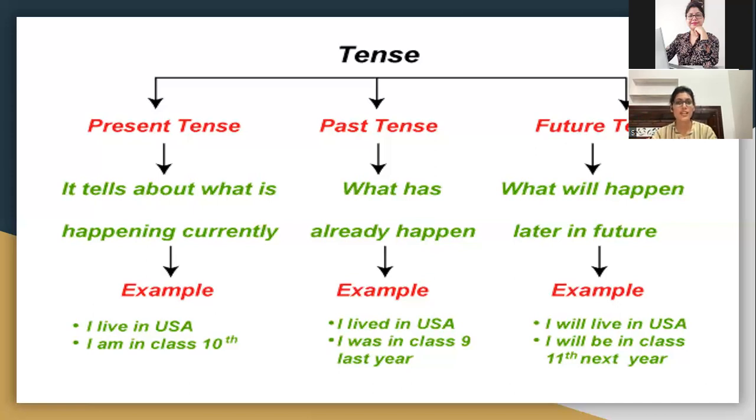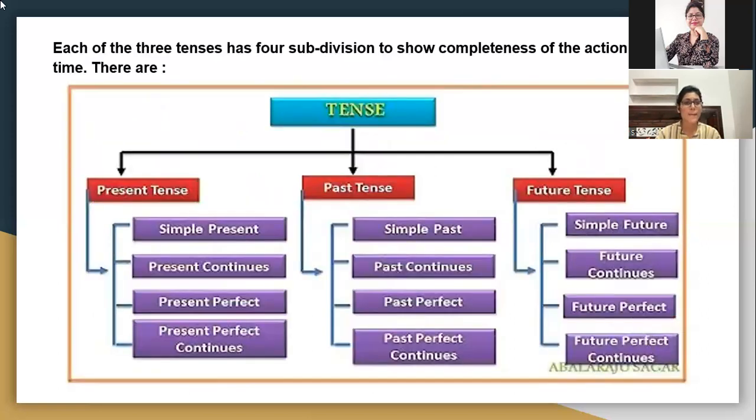And further, I explain the four types briefly. Each of the three tenses has four subdivisions to show the complete time of the activity or action. For present: simple present tense, present continuous tense, present perfect tense, present perfect continuous tense.